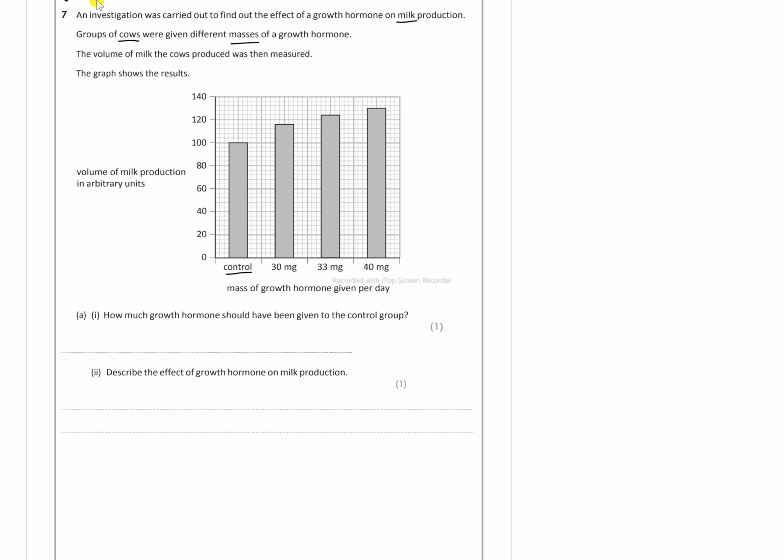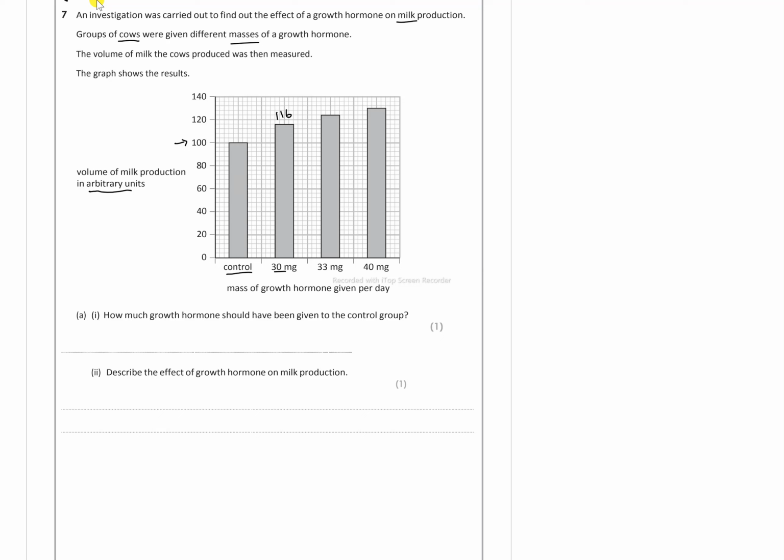So, the control where nothing's given, that's your standard 100%. It's volume of milk in any units, arbitrary. It doesn't matter whether it's liters or centimeters cubed. Now, if you give a cow 30 milligrams of hormone, its milk increased to 116.